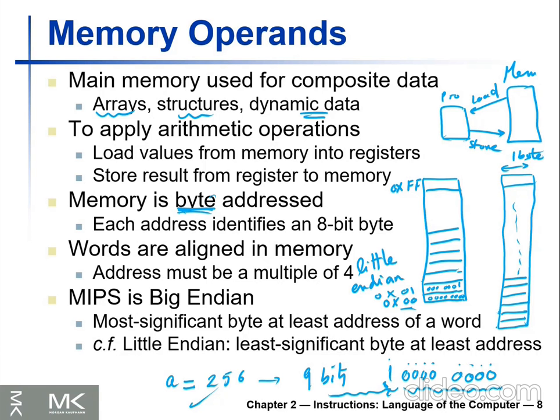In Big Endian, you're gonna put the 1 here and the 0 here. Of course, it's very small here, but let's make it bigger.